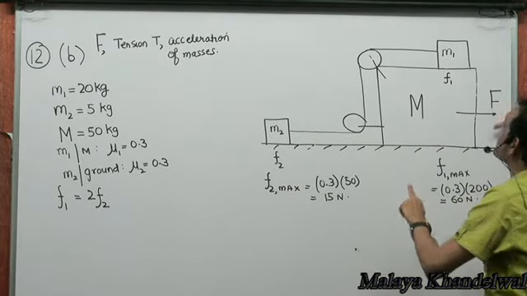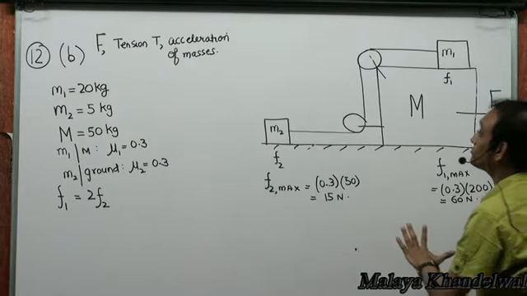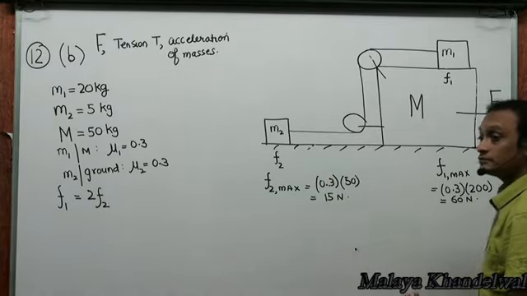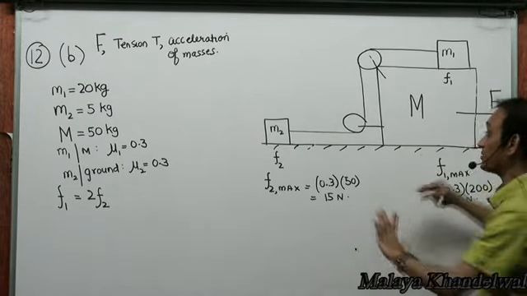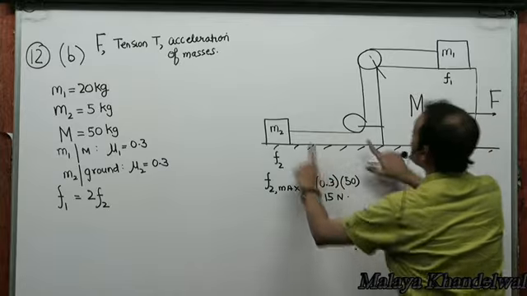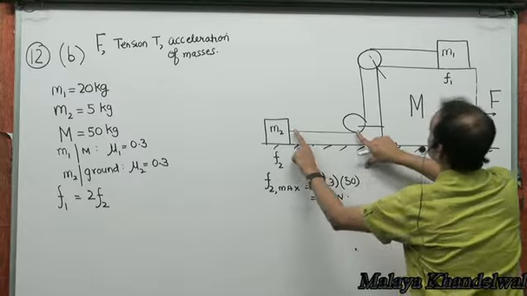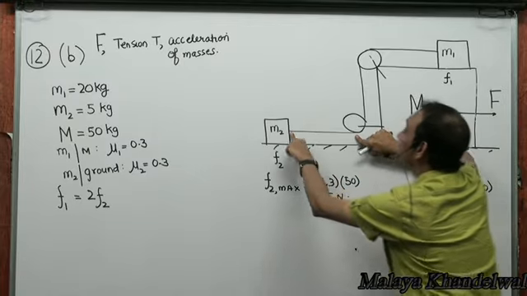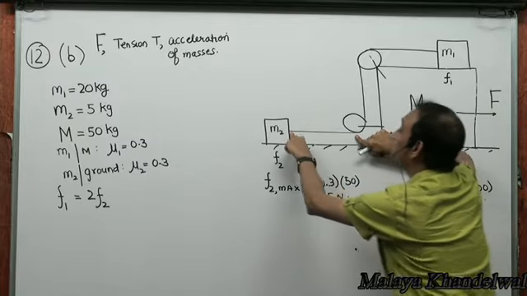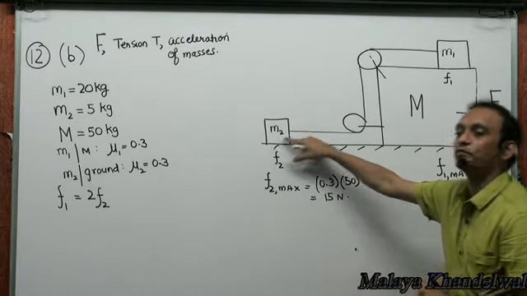If capital F is less than 15 newtons, then M2 will not move, and the system stays static. But if the length of the string changes, is it possible that M2 remains fixed? M2 will not remain fixed. So one thing for sure, M2 is moving.